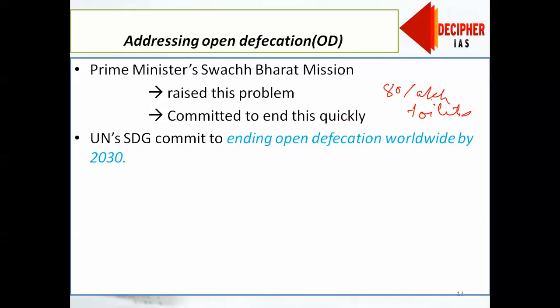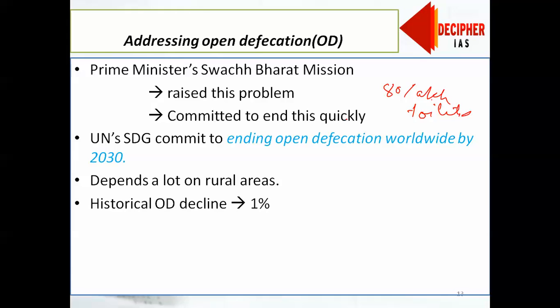Also, the UN's Sustainable Development Goals, which will be evaluated in 2030, have committed to end open defecation worldwide by 2030. So whether India will achieve the goal or not essentially depends upon the rural areas' performance. Historically, the decline in open defecation in India has been 1% due to the various initiatives of the government.